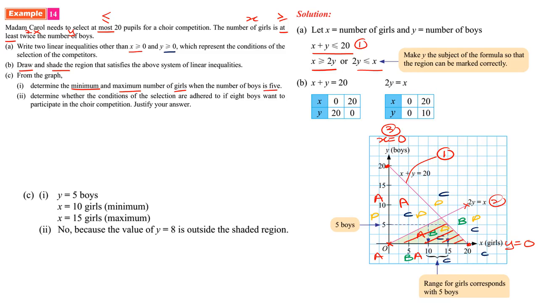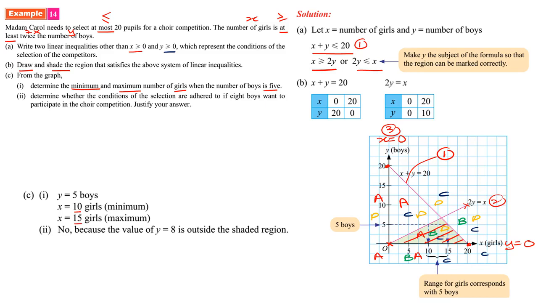We draw the dotted line. So the minimum number of girls is 10 and the maximum number of girls is 15.